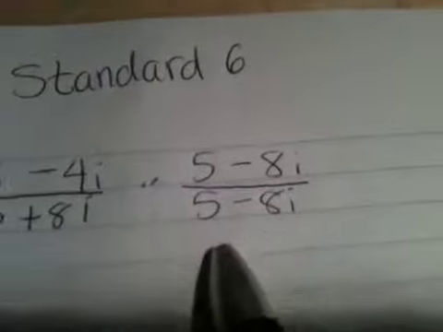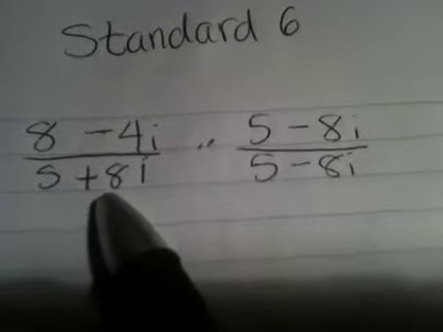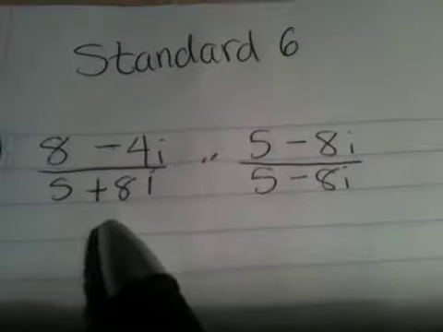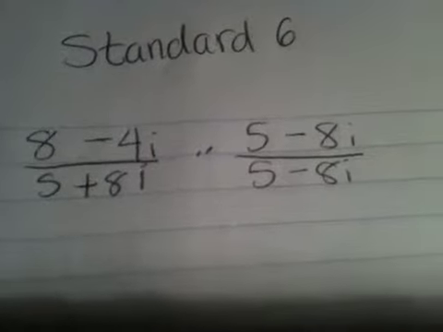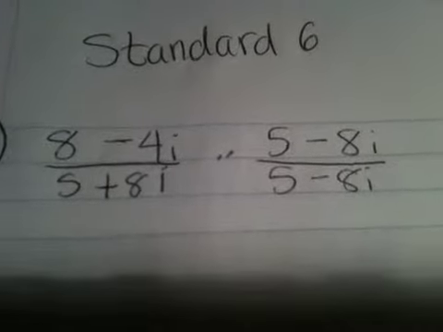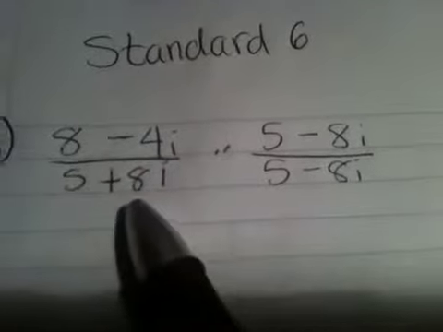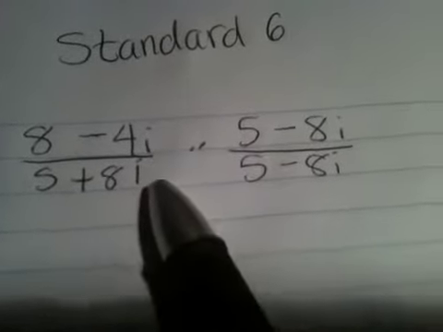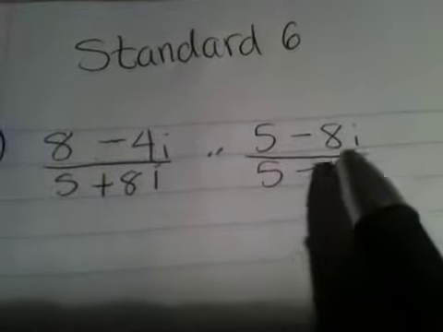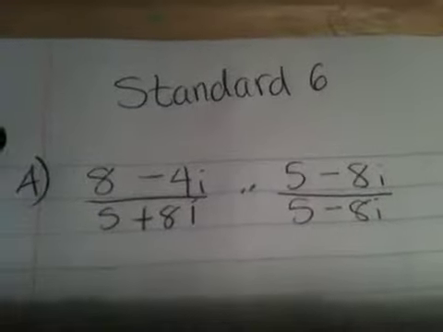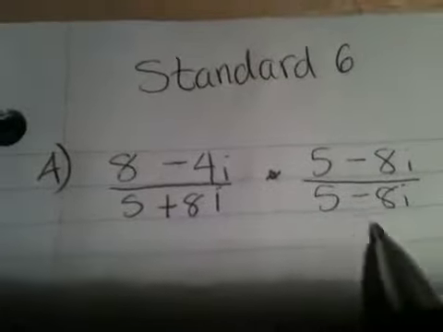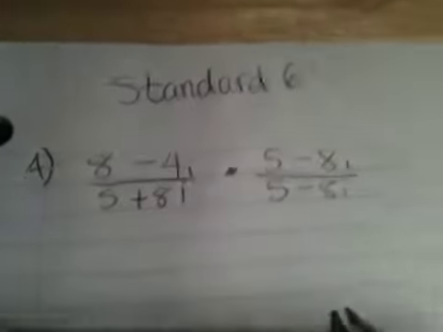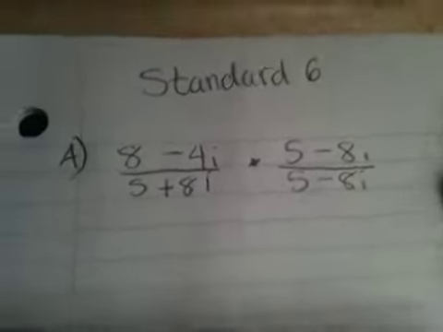So what we get is 5 minus 8i. See how it's 5 plus 8i? The complex conjugate of 5 plus 8i is 5 minus 8i. This rule applies to all of the complex conjugate types of things. So you have to put the complex conjugate both up and down. Now, instead of saying it cancels out, just leave it like that for right now, because we're going to be multiplying these two out.